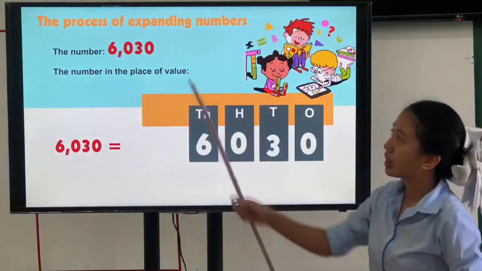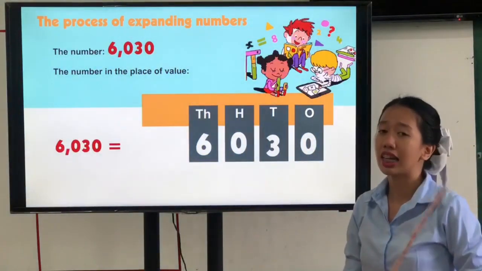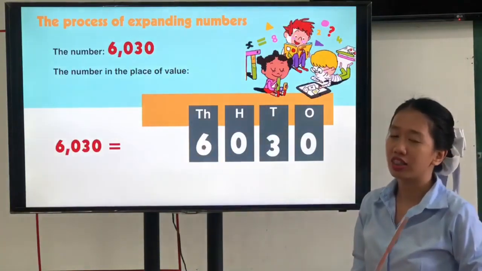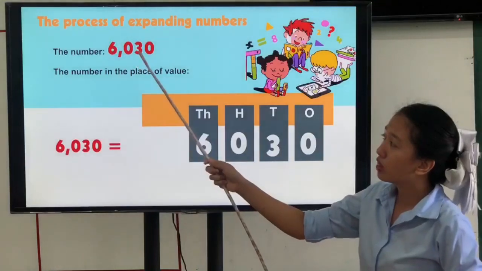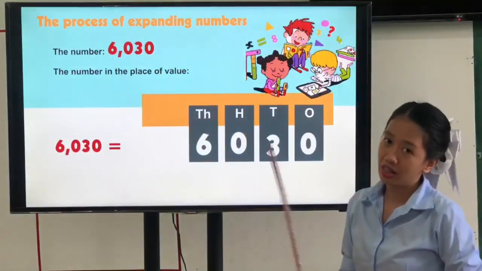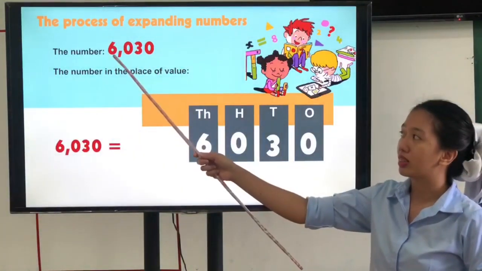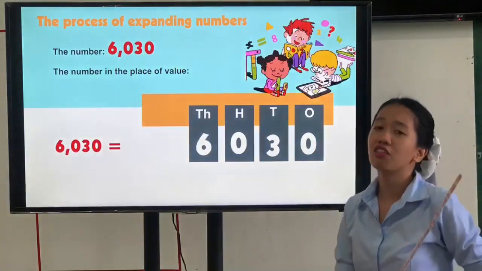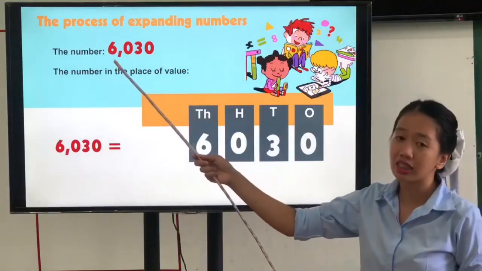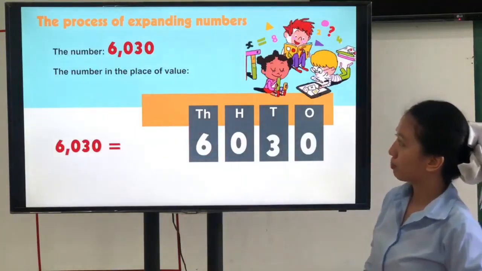The process of expanding numbers: first identify your numbers. For this second example, we have 6, 0, 3, 0, or in other words, 6,030. Now let's identify the place value of 6,030.